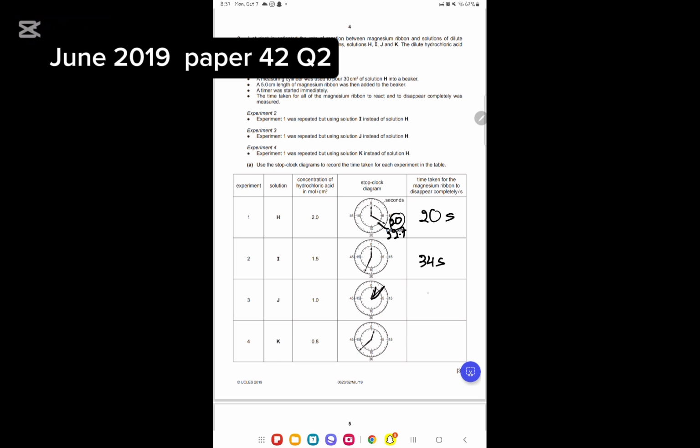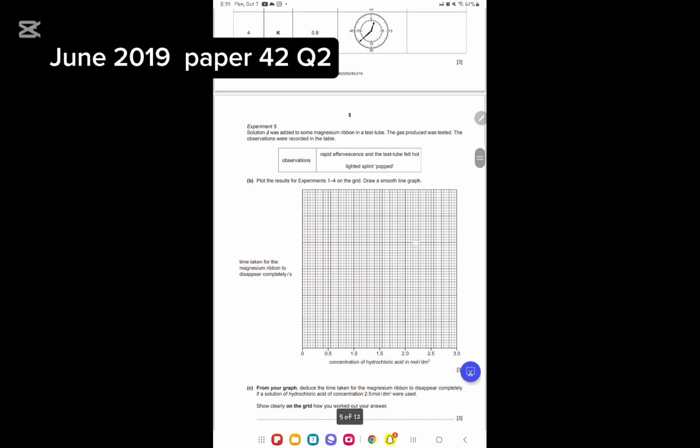Let's say 9 seconds, so 69 seconds. I'm not sure, maybe 68, 69 seconds. Then this one, it will be 1 minute and 37 seconds. So all in all, it will be 60 seconds plus 37 seconds, which is 97 seconds. So that is it for the first question.